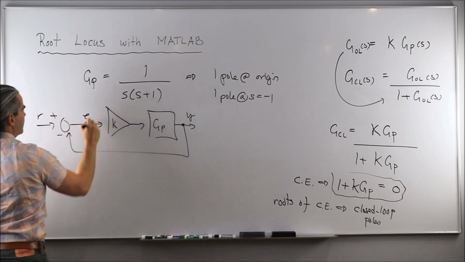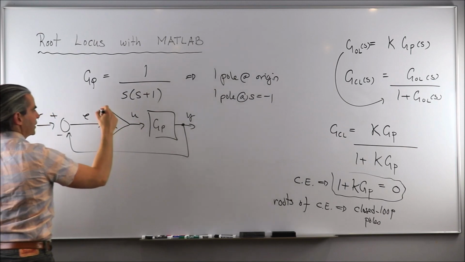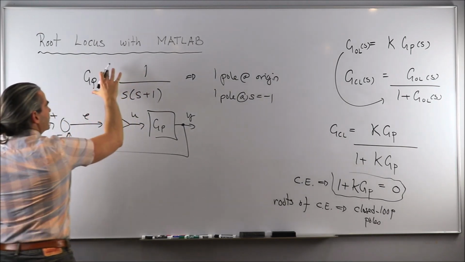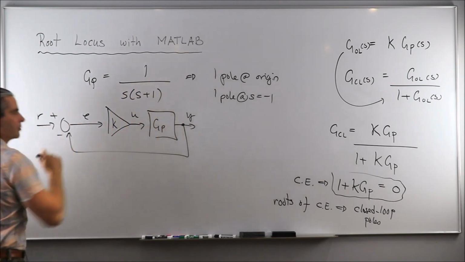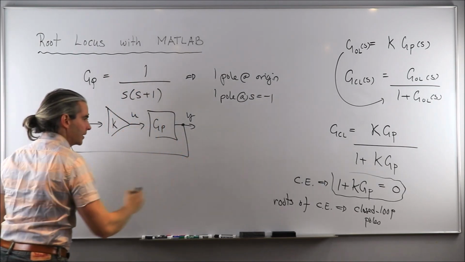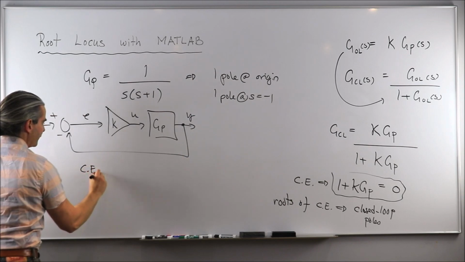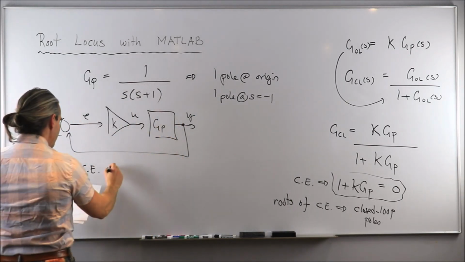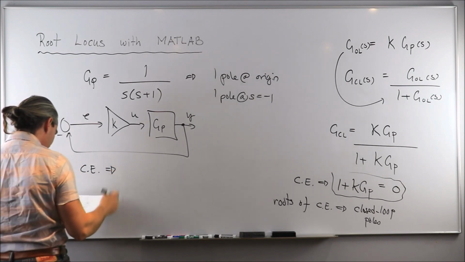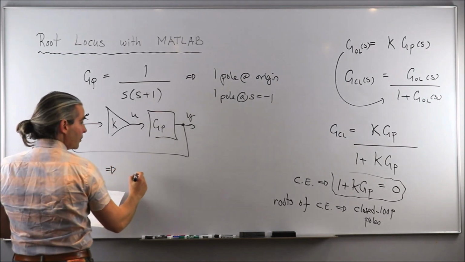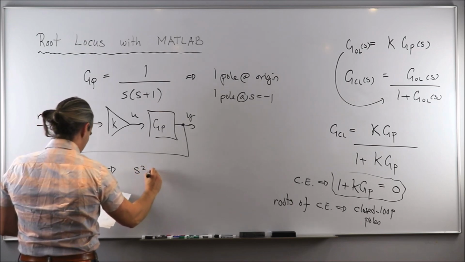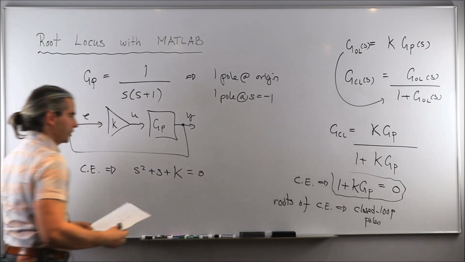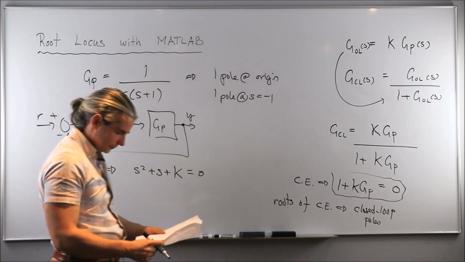That creates an error, and multiplied with K gives us a control input signal U. So we have taken that, obtained the closed loop transfer function, and looked at the characteristic equation, just like what we did here. And we had obtained for that specific example a characteristic equation that was S squared plus S plus K equal to 0, if you remember the example we did together.